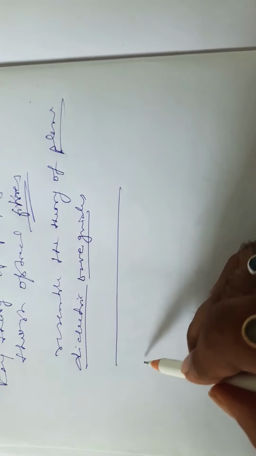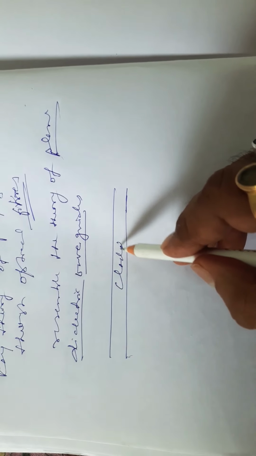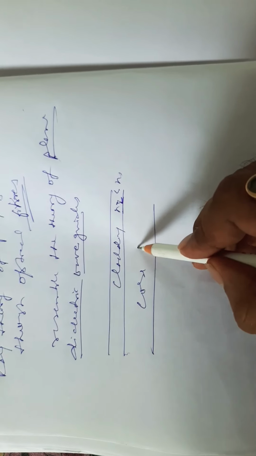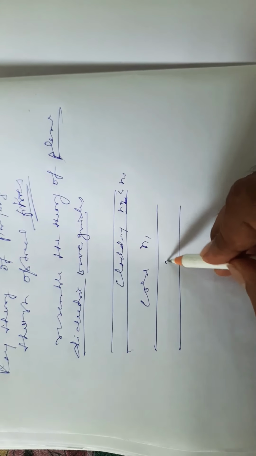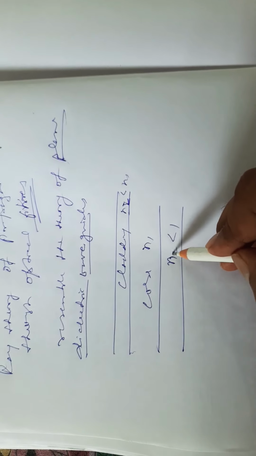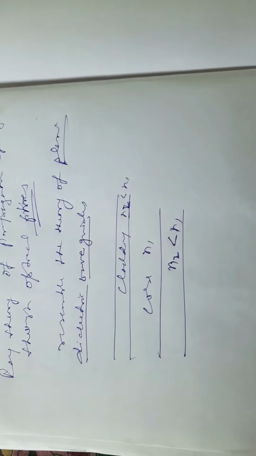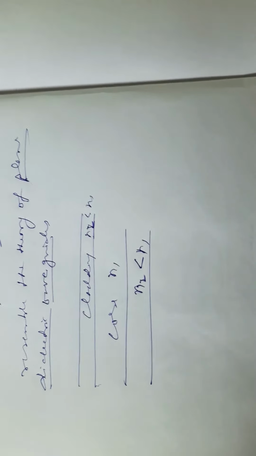So this is the cross-sectional view, or lateral cross-section rather. This is the cladding, where this is the core of refractive index N1, and this is the cladding of refractive index N2. Obviously the refractive index N2 of the cladding has to be less than N1, so that the phenomenon of total internal reflection can occur.